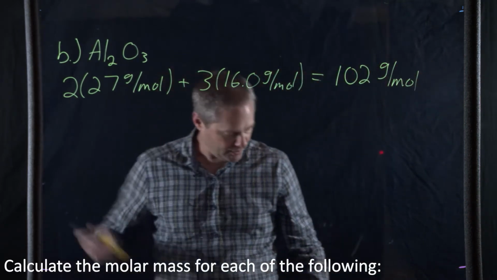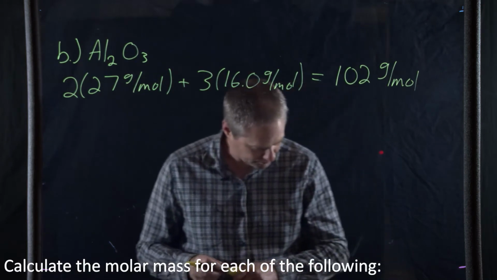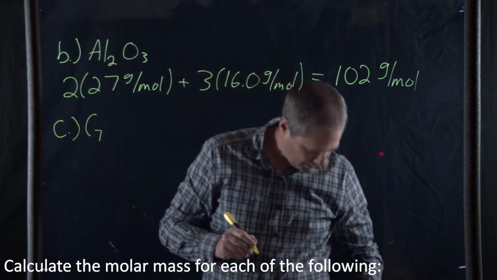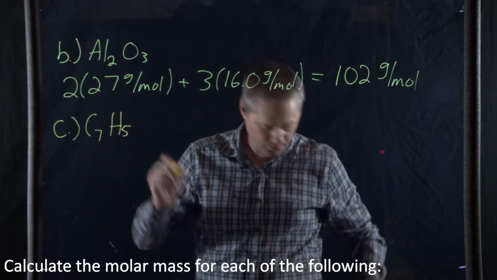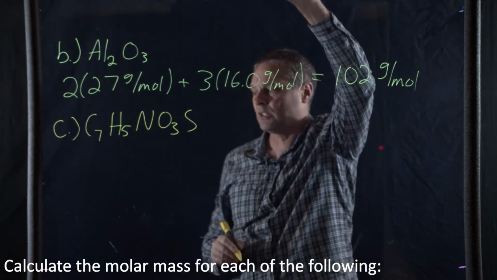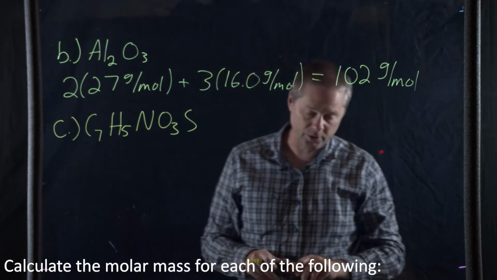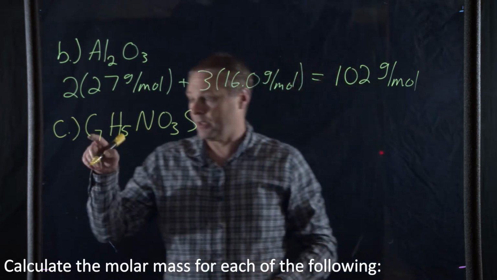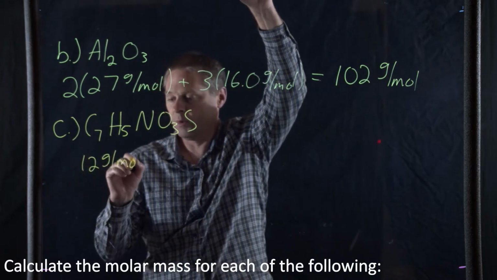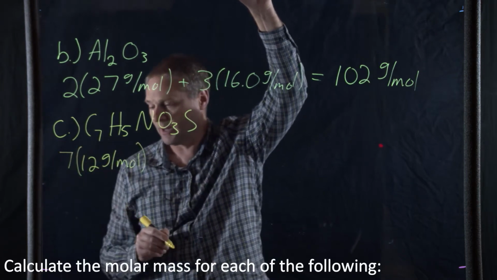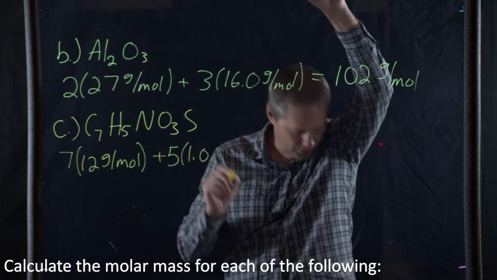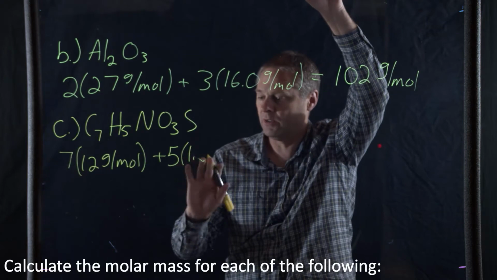In lieu of time, I'm simply going to write the next one up here. This happens to be saccharin. So saccharin is C7H5NO3S. That's an artificial sugar sweetener. And so the molar mass of carbon is 12 grams per mole. However, we have 7 of them, plus the 5 hydrogens. We'll just call it 1. 1 would be good enough for that.